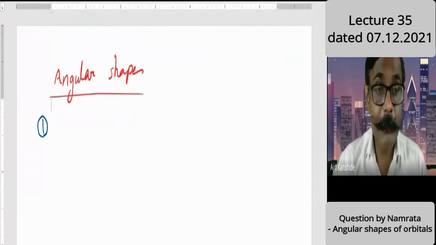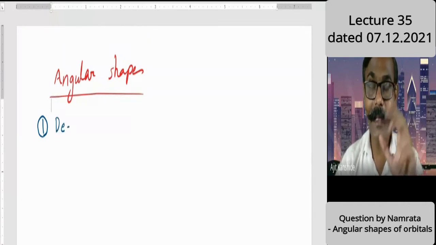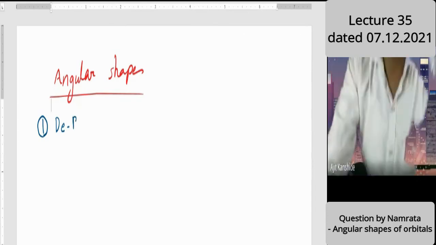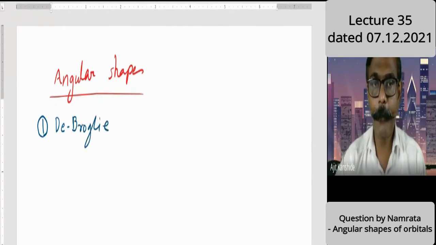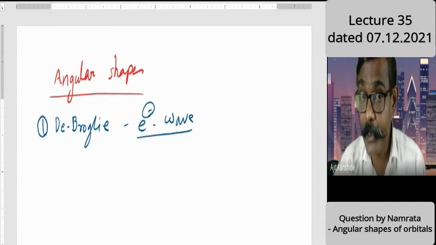See the first principle. What is that, which is necessary to explain the electron? Will anybody help me? De Broglie's principle. Yes, it's de Broglie. What de Broglie said: the electron is a wave, a matter wave.